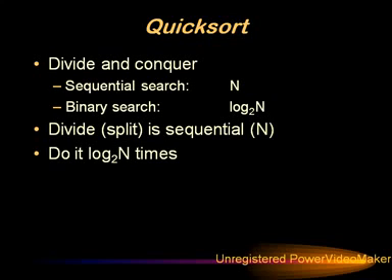So if we do n things log base 2 of n times, we can see that it's going to operate much more quickly. In general, it operates in n times log base 2 of n. Remember we said whenever we use logs in computer science, they're almost always base 2 logs. So computer people simply call that an n log n sort.